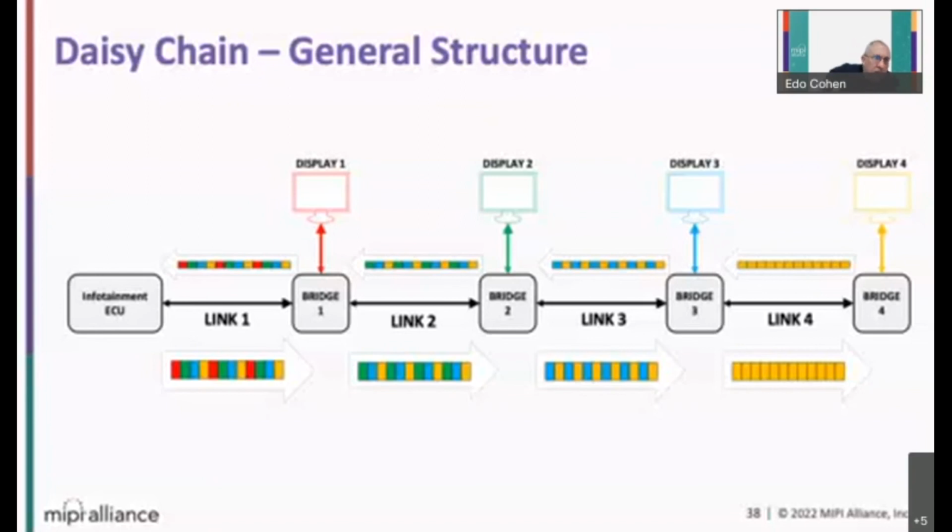Of course, this will also apply when doing compression. For each of the displays, it could be that one display's data is compressed and the other one is not compressed.